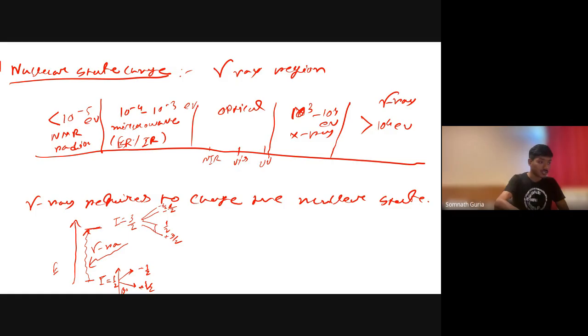This state change can be recorded by the NMR, but it's supposed to be this 3 by 2 supposed to be stable. This gamma ray actually change my nuclear state.